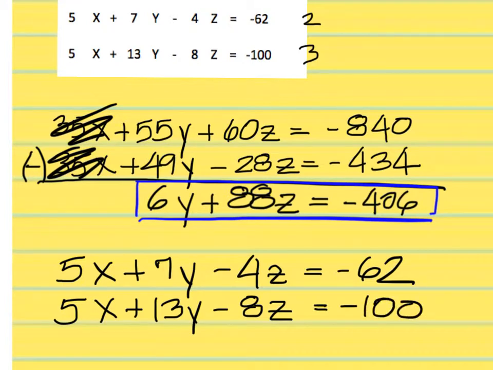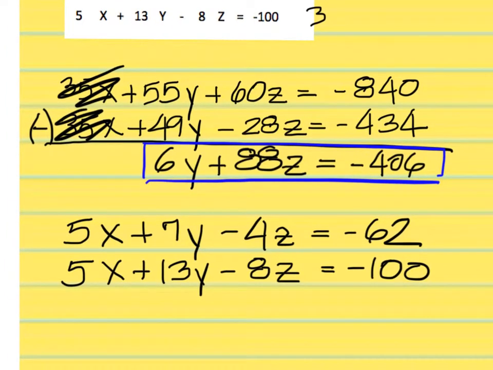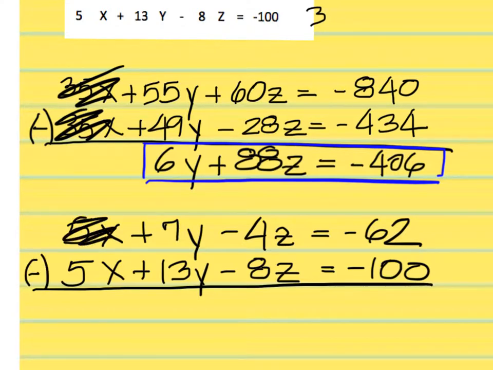We already have 5 x's on the left. There's nothing to change. So you can subtract those two equations to eliminate the x's. They are now gone.